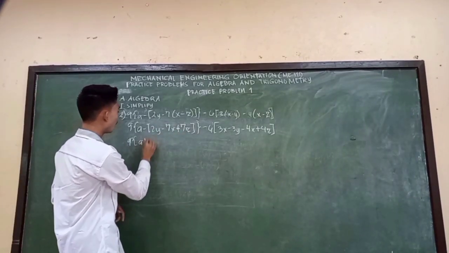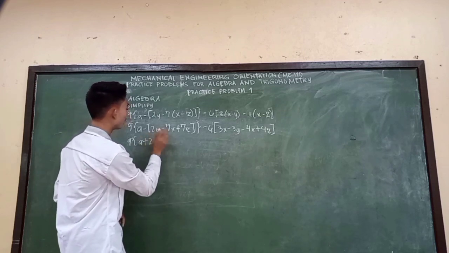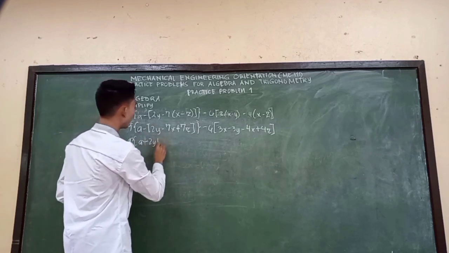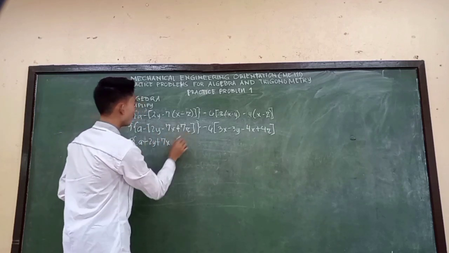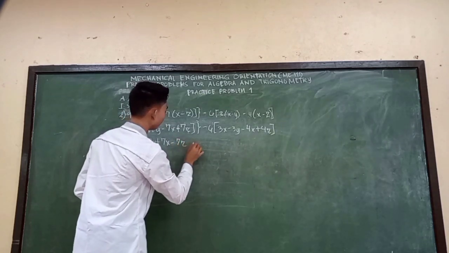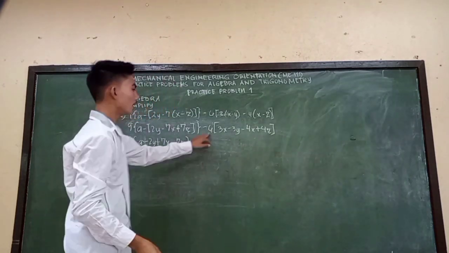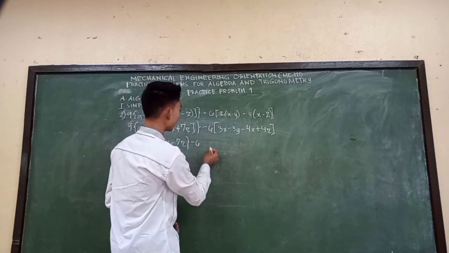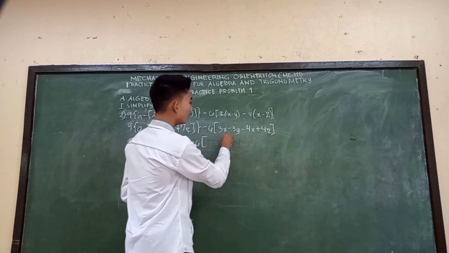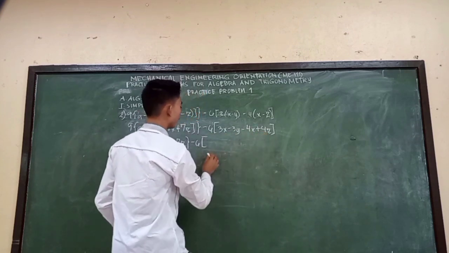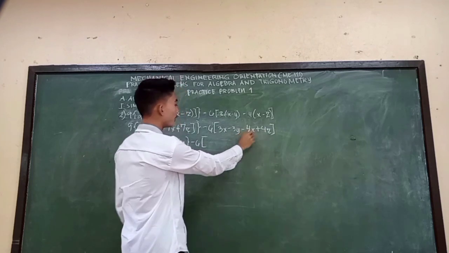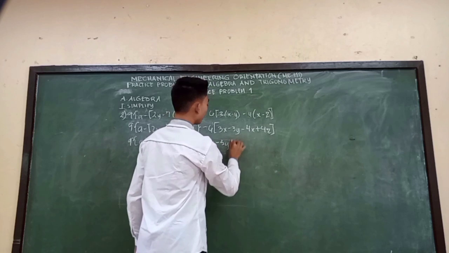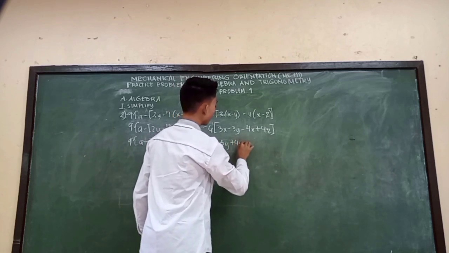So it will be negative 2y plus 7x minus 7z. Now, we will copy negative 6, and then combine like terms in this expression. 3x minus 4x is negative x, copy 3y and copy 4z.